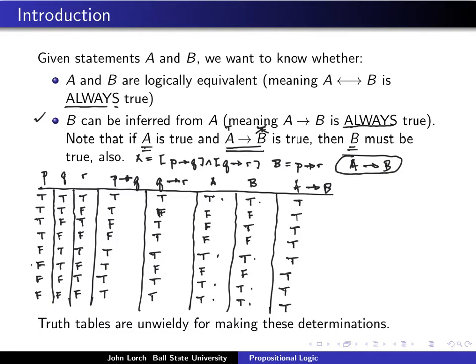Now what you might notice is that we had to do a lot of work to check that this statement, if A, then B, is true. We had to do this massive truth table with the three individual component statements, P, Q, and R. And it might strike you that this is an unwieldy way to deal with things, especially if A and B were comprised of even more elementary statements.